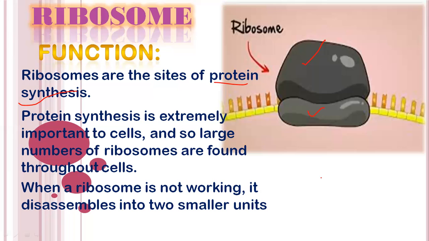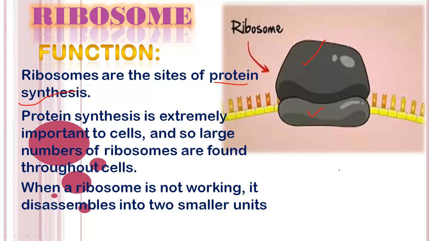They form our hair, our nails, our whole body systems. So our whole body system depends especially on proteins. So proteins are not only required from outside, but they are also synthesized in our body.